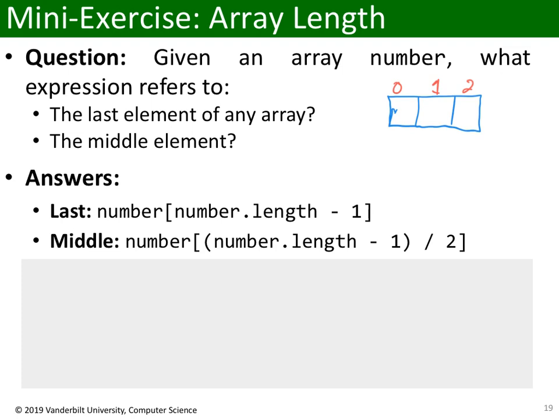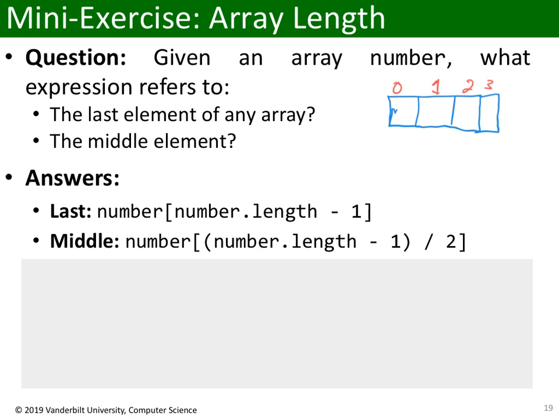However, if this were a 4-element array, that means there are 4 total elements, then the last index is going to be 3, and the length is going to be 4. So 4 minus 1 is going to be 3. When we divide by 2, that's technically 1.5, but remember, when we're doing integer division, we truncate.